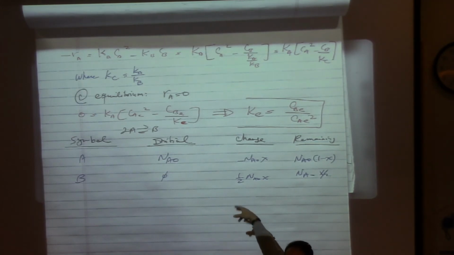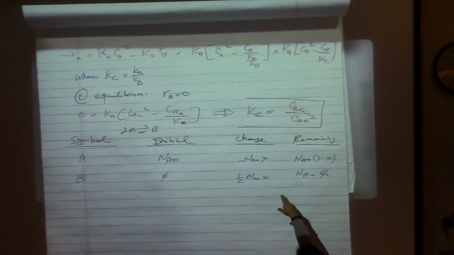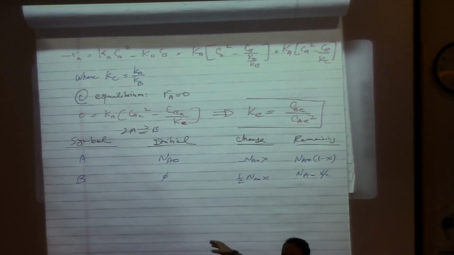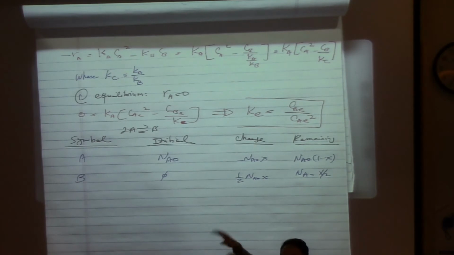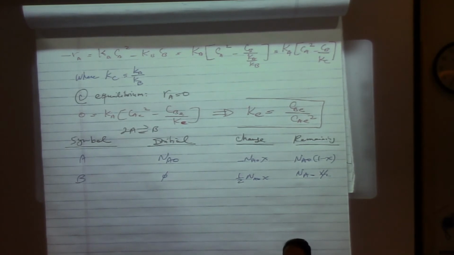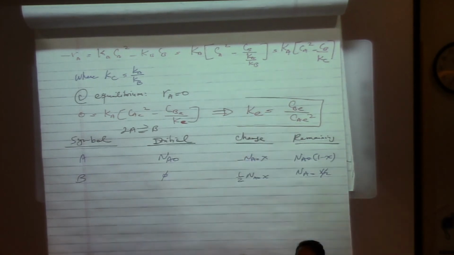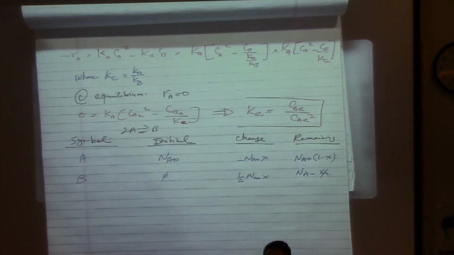So when you write this, write it down as forward reactions: what is the change, what is the remaining for all the components. And then if it's a reversible reaction, when you are putting in the equations that we derived over there, that will take care of the reverse reaction.